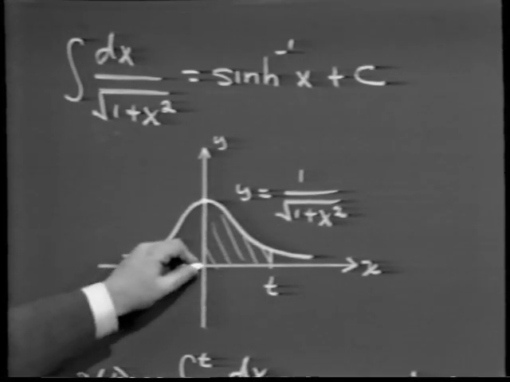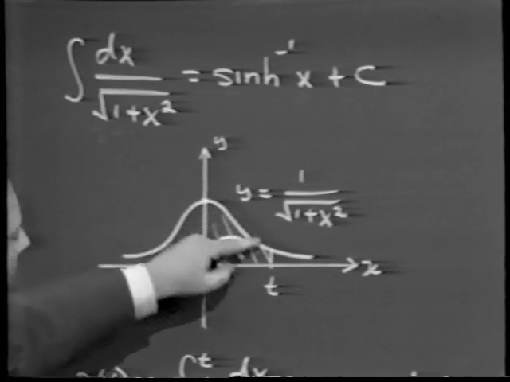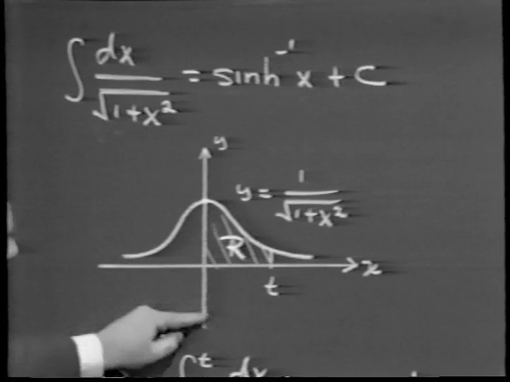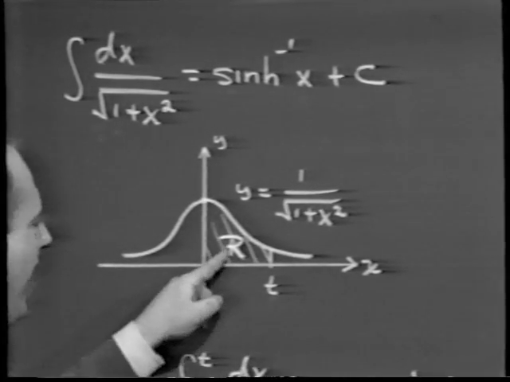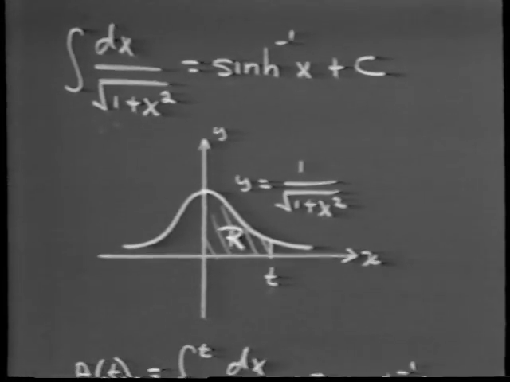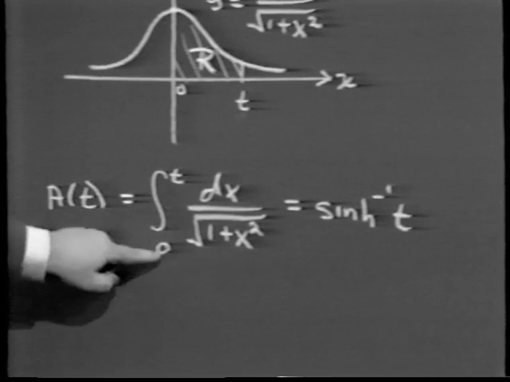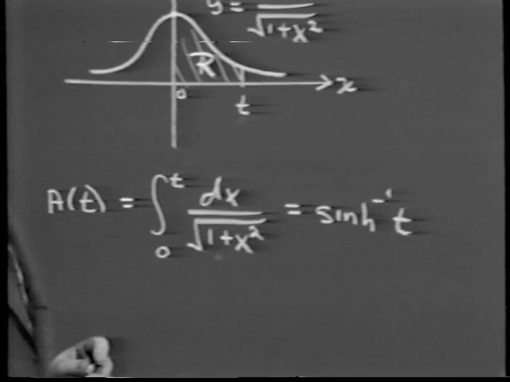And now suppose I want to find the area of the region R, where R is bounded above by this curve, below by the x-axis, on the left by the y-axis, and on the right by the line x equals t. The area of the region R, which is a function of t, is given by what? The definite integral from 0 to t dx over the square root of 1 plus x squared.